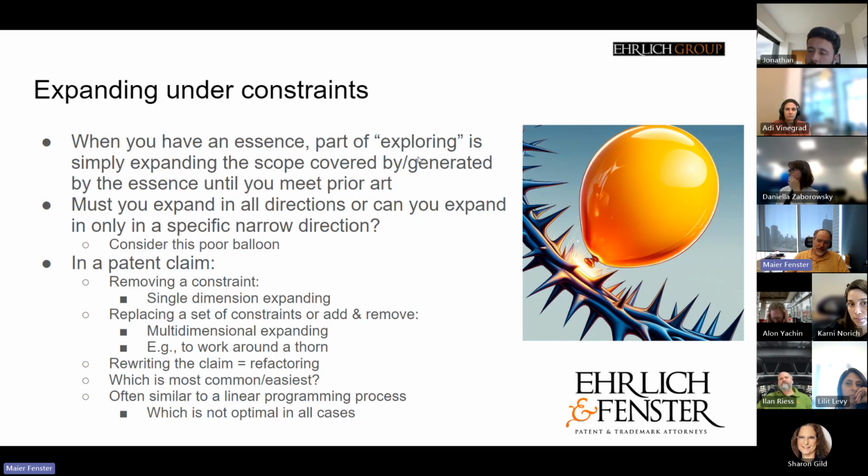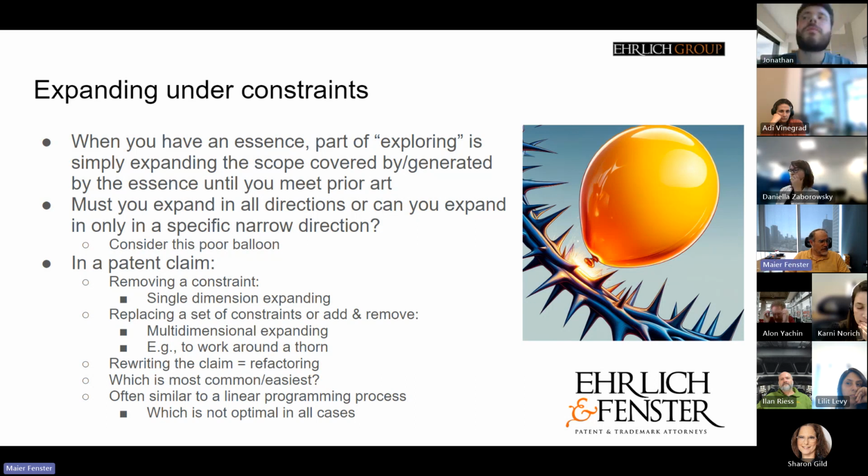It's going to be a real pity if, because of this piece of prior art, the upper part of the balloon won't expand to the right. You want to make the balloon expand around it. And what people tend not to do with claims, and they should be doing more, is rewriting the claim. Maybe from scratch even.